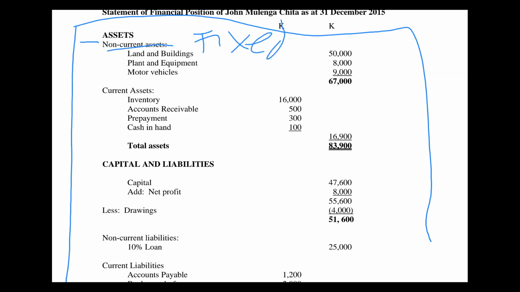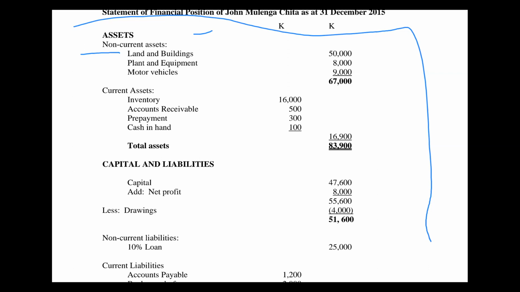So what is there on the non-current assets? You have things like the land and the building. Those are assets that are able to stay for more than 12 months, or more than 1 year. The things that belong to the company have monetary value, and they can stay for more than 12 months before they can be converted into cash.